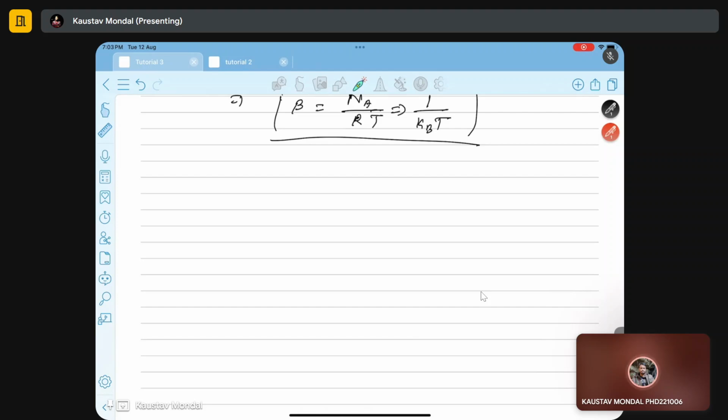From the point of view of a material scientist or a condensed matter physicist, heat capacity is a very important quantity in thermodynamics.